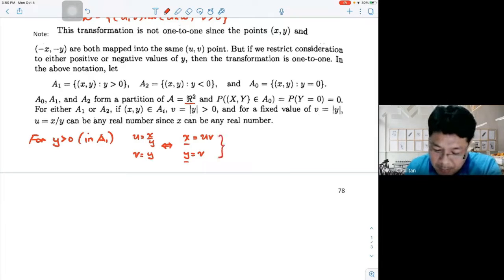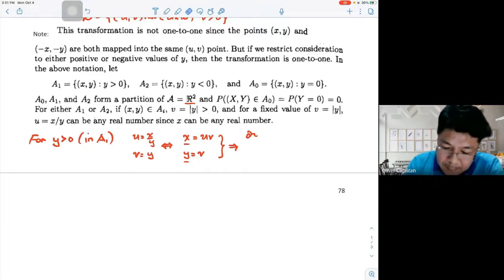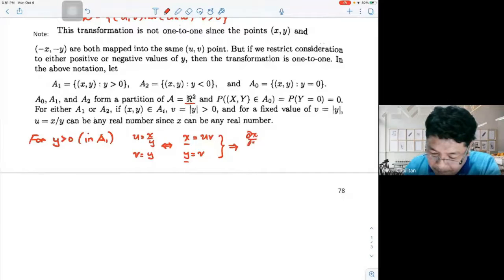This is its inverse function, x as a function of u and v, and y as a function of u and v. And this would imply that the partial derivative of x with respect to u would be equal to v, the partial derivative of x with respect to v will be equal to u, the partial derivative of y with respect to u is 0, and the partial derivative of y with respect to v is 1.